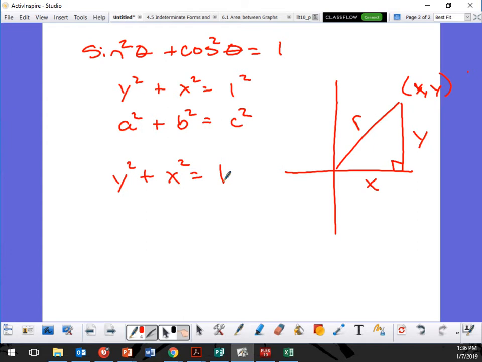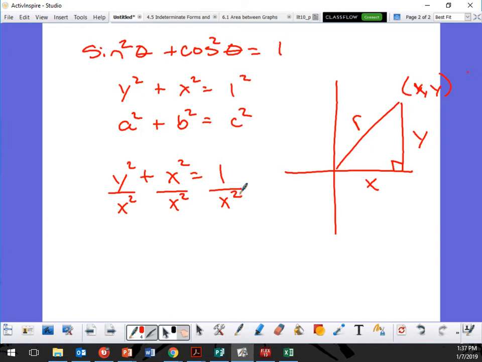Okay, I'm going to teach you guys how to actually derive all those formulas just by looking at this. Now, what does x represent? Cosine. X is my cosine, right? Let's divide everything by x squared. Divide both sides of the equation by x squared. Now, this is one thing that I'm going to end up with.